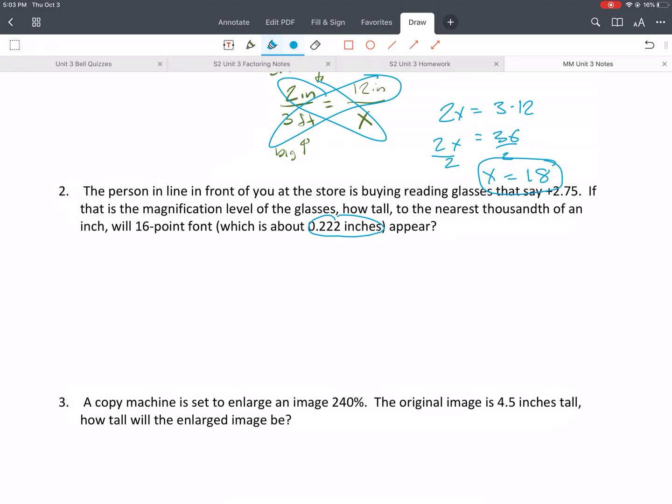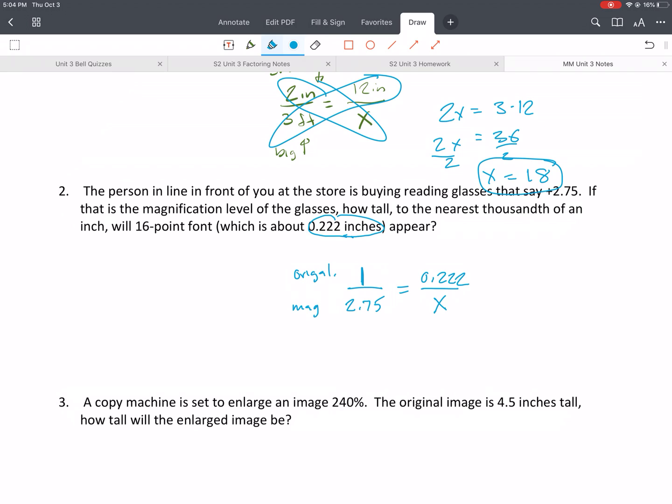Okay, so basically 2.75 is our magnification. If we had our original and our magnification, those could be our proportions. Originally, let's say it's 1, but the bifocals magnify to give us 2.75. The original font is 0.222, and we want to know how big that font is going to appear.